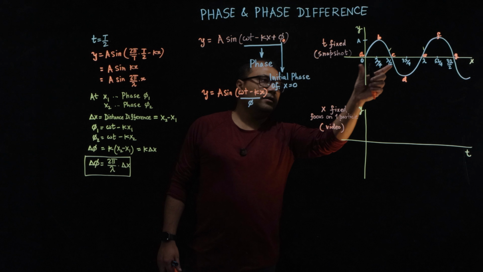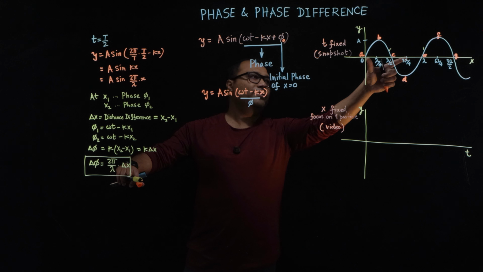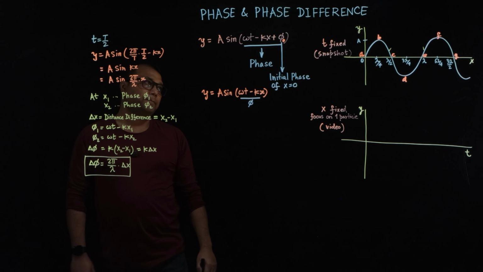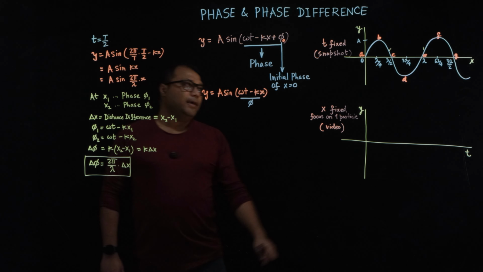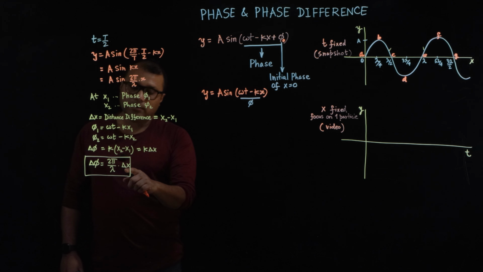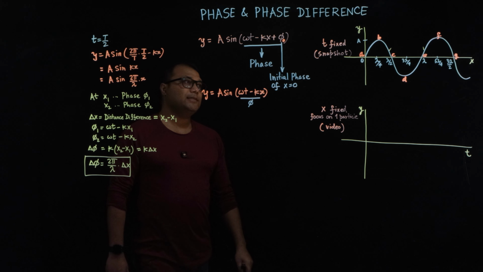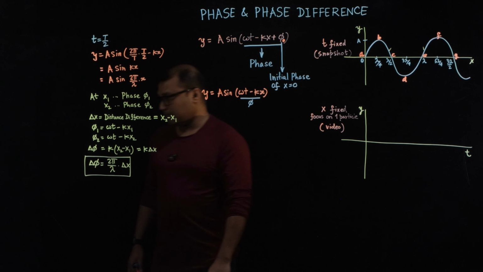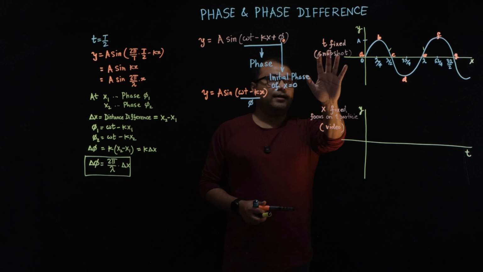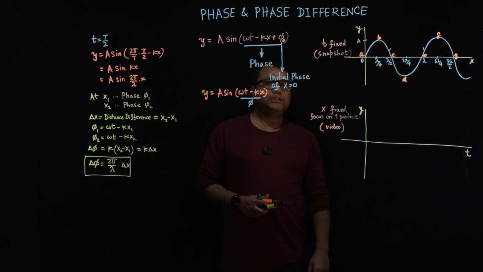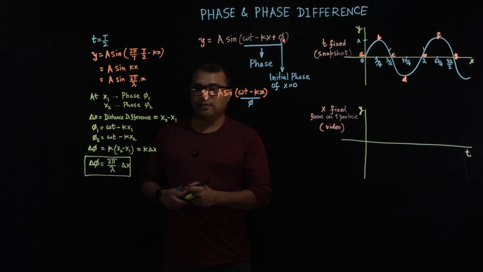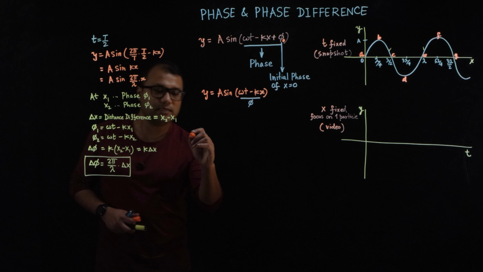A and E, the distance difference is lambda. Then what is the phase difference? It is 2 pi. A and C, the distance difference is lambda by 2. Then the phase difference is pi. Now, looking at these different points at a given time, which ones are in the same phase and which are in opposite phase? This is the concept of same phase and opposite phase.